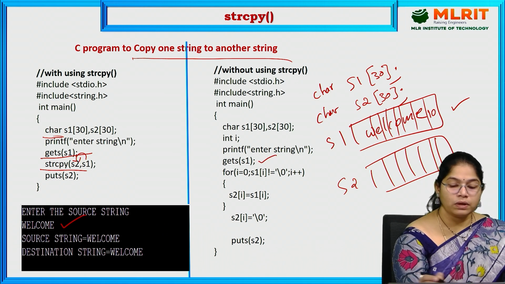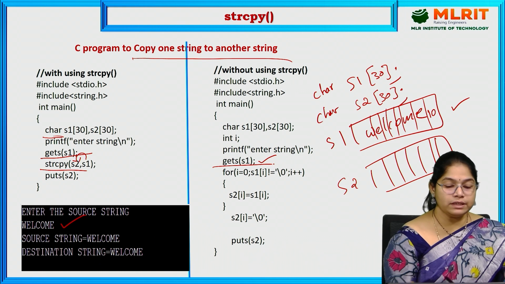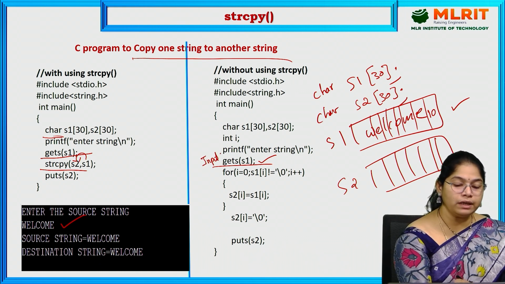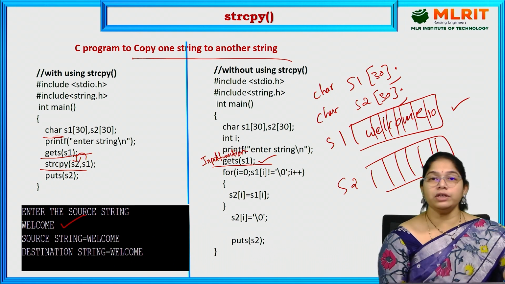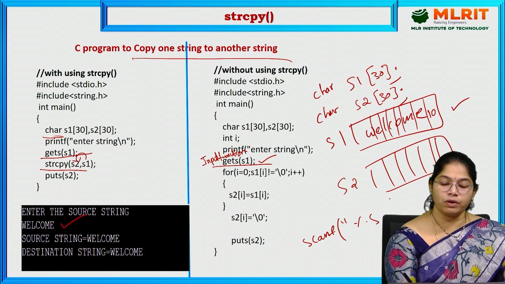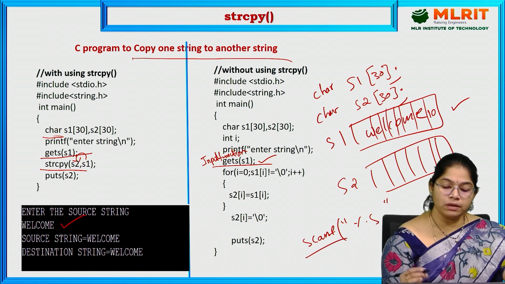So enter the string. The string is welcome. Using the gets function, I have read that string. This is the input function which is used to read the string. If we are using scanf, it is also an input function. Then we have to use a format specifier called %s if we are using the scanf function.